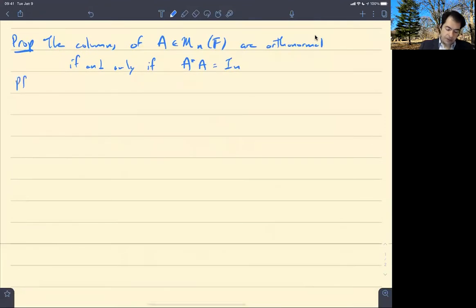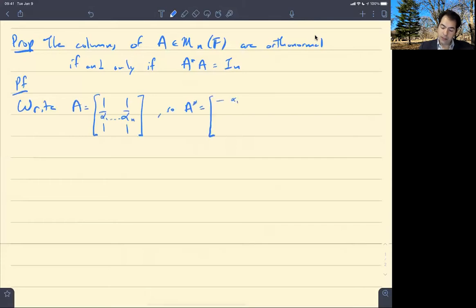Okay, let's prove this. Let's write A as being the matrix with columns alpha 1 through alpha n. Then A star will have rows given by alpha 1 conjugate through alpha n conjugate.